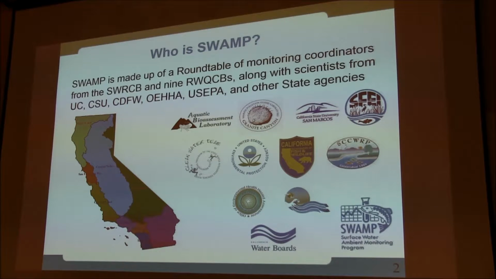Along with the water boards, there are also scientists from the UC, CSUs, California Department of Fish and Wildlife, Office of Environmental Health Hazard Assessment, US EPA, and other state agencies. And so here's a smaller list of SWAMP's partners, some of their logos, but there's, like Pete said, many more.